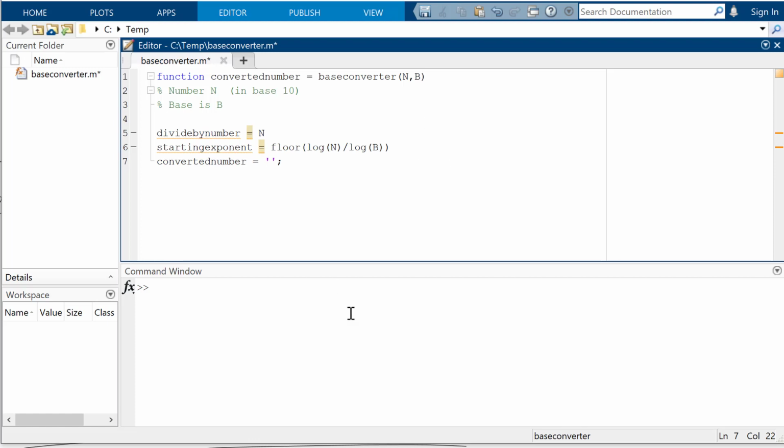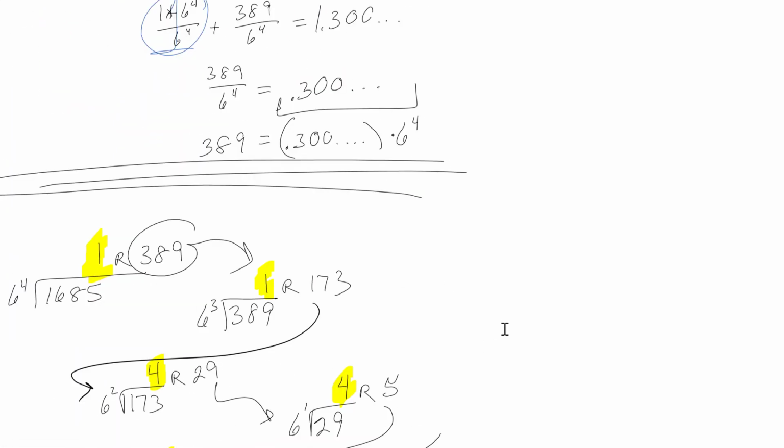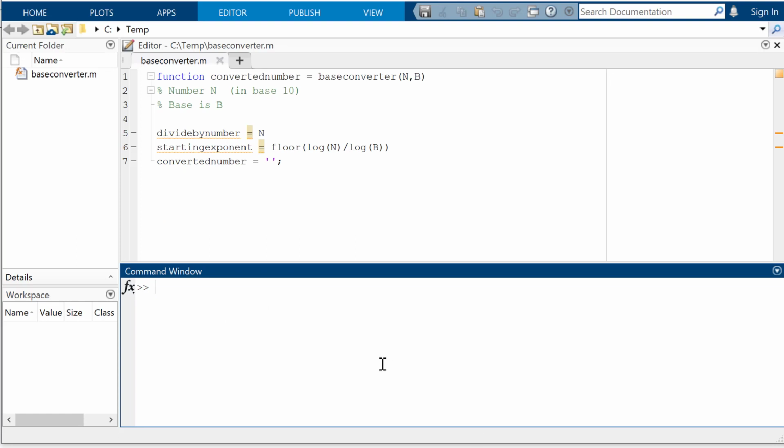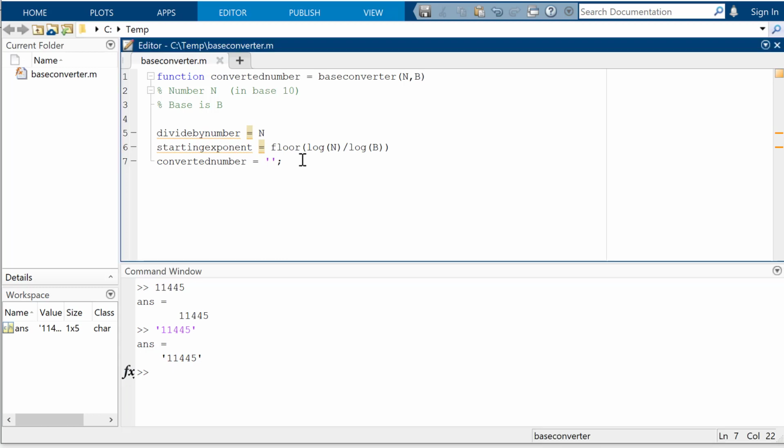Like, the answer was 11445, and if I type 11445 in Matlab, it's going to assume I mean base 10. So by putting it in a string, if someone else was going to use this, they wouldn't accidentally plug it in somewhere and use it as a real number unless they specifically converted it to a number and knew what they were doing.